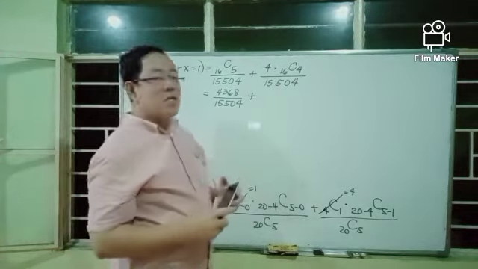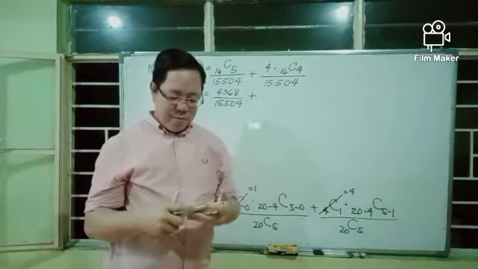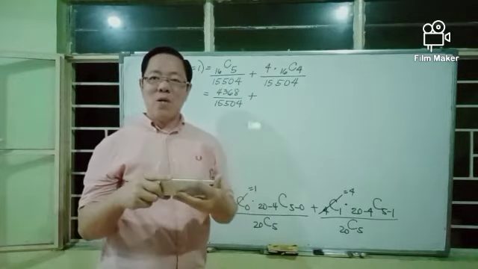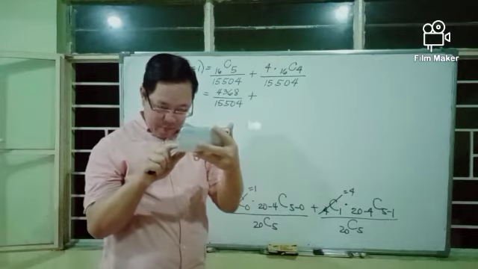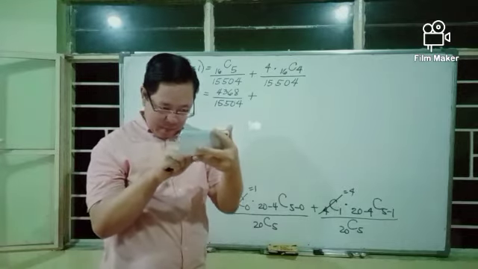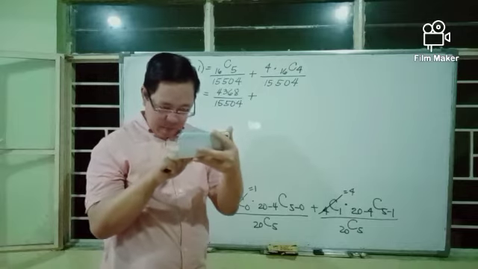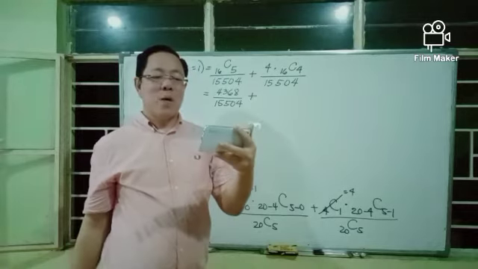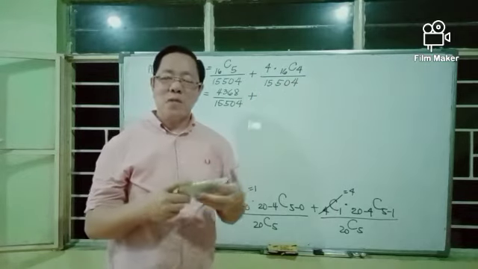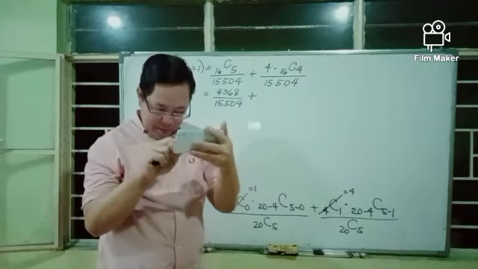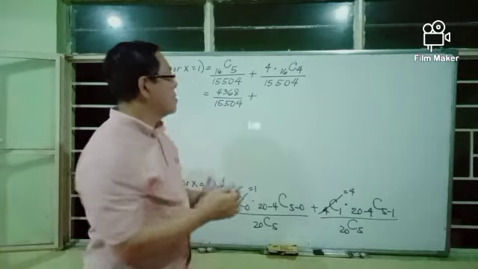We compute combination of 16 taken 4 and multiply that by 4, using our calculator, and you should get 1,820. That's combination of 16 taken 4. Multiply that by 4, you should get 7,280.